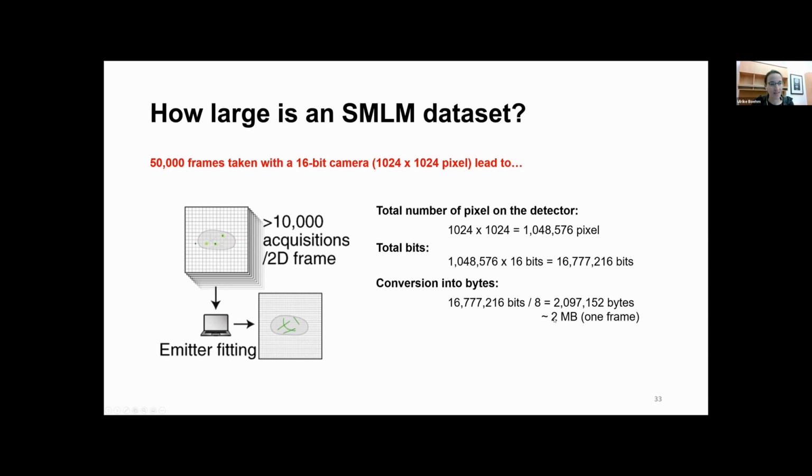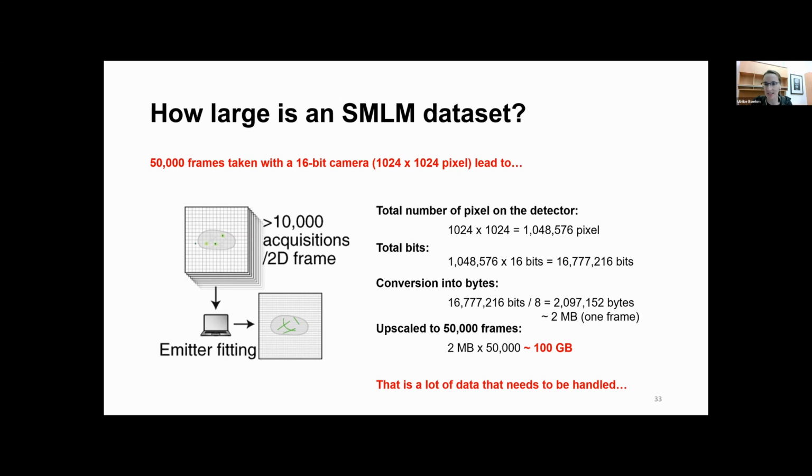That is approximately 1 megabyte per frame. But if you take 50,000 frames, you have something like 100 gigabytes already. That's a lot of data to handle, in particular because you do experiments in the biological fields, so you definitely need replicates.